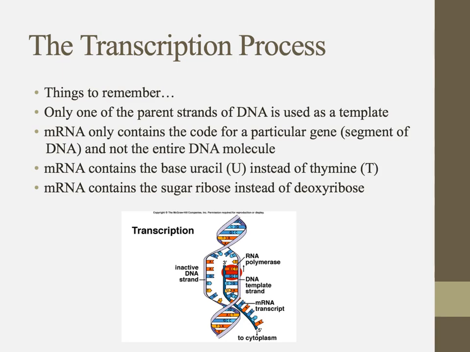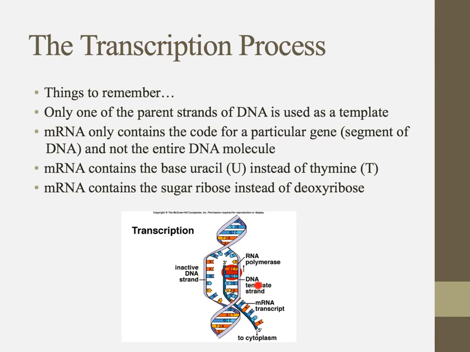Let's see. mRNA has the base uracil instead of thymine. So when we're making complementary base pairing, again, G is going to pair with C. If I see a T, I'm going to put an A on the mRNA. But if I see an A, normally T would be complementary, but in this case, it's U. And of course, the mRNA nucleotides are just a little bit different because they have the sugar ribose instead of deoxyribose.